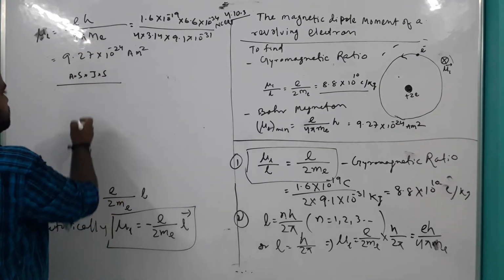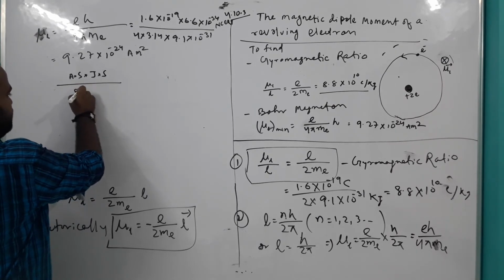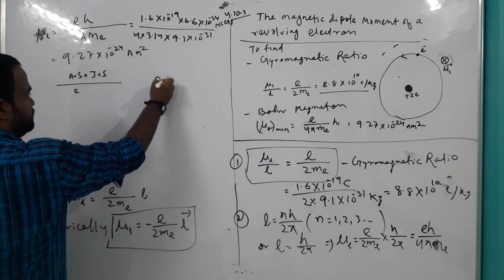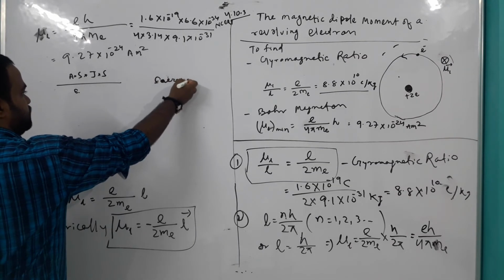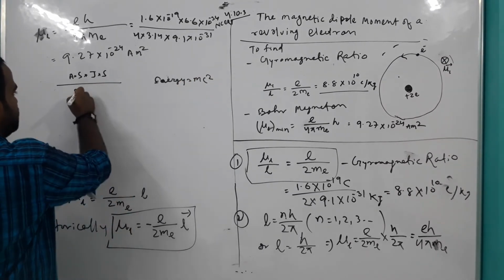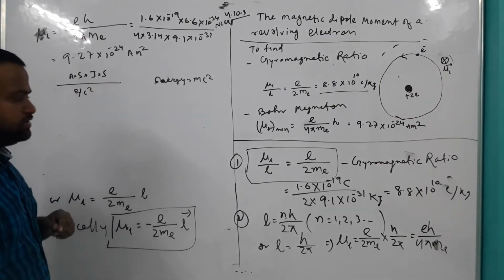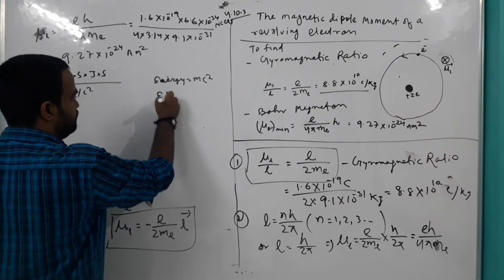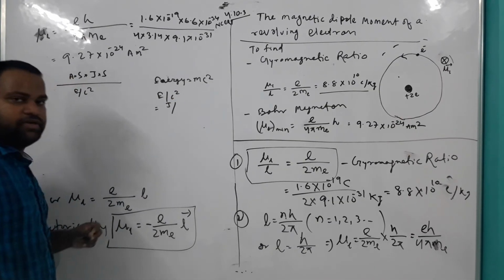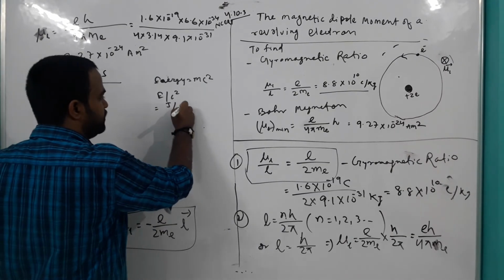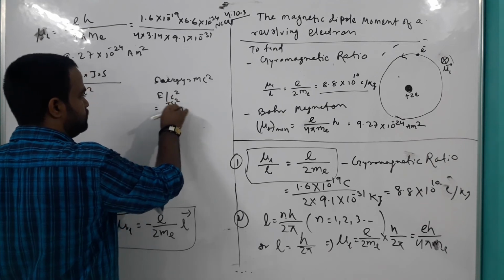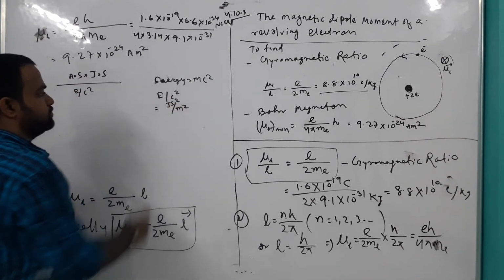Mass I can write as energy, because you know that energy is equal to mc square. So mass is energy upon c square, joule upon c square. c is the speed, meter square per second square, so that second square will go up, so joule second square per meter square.